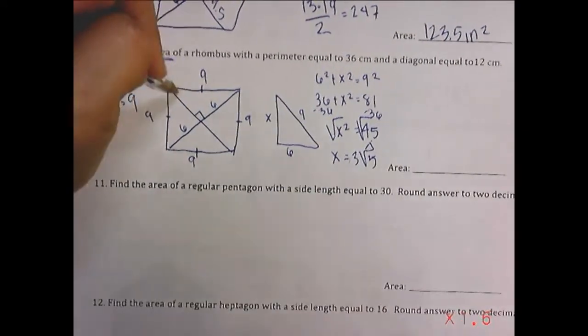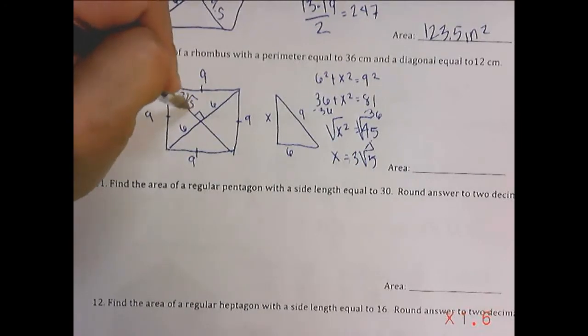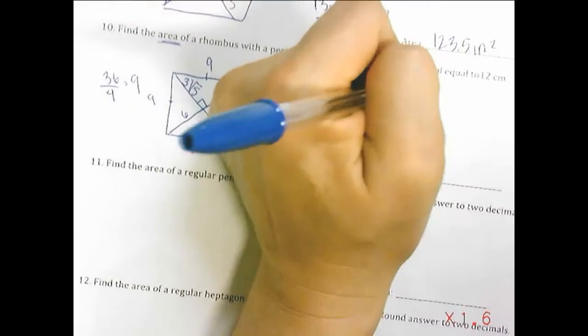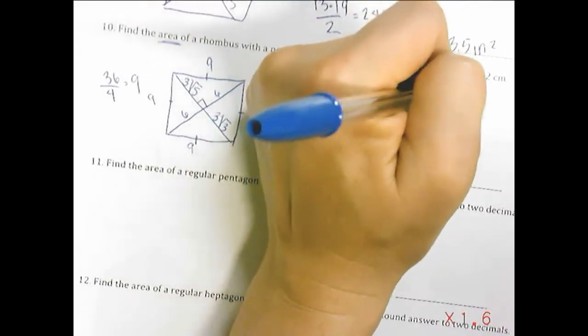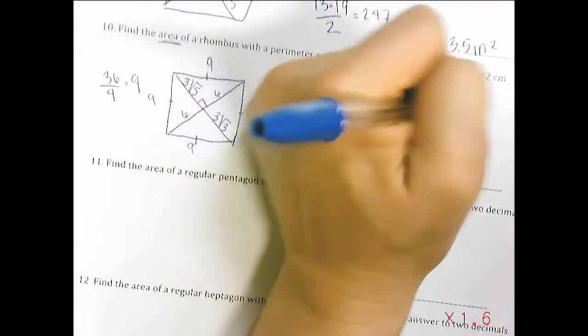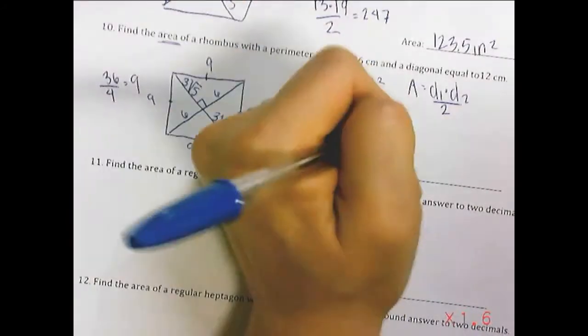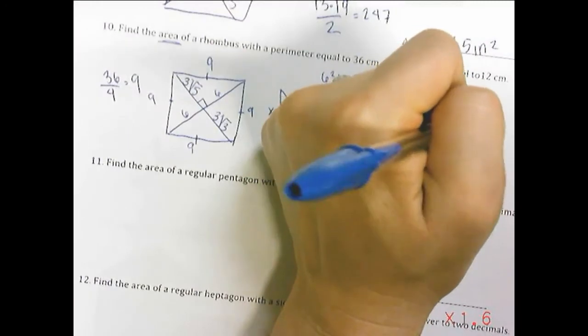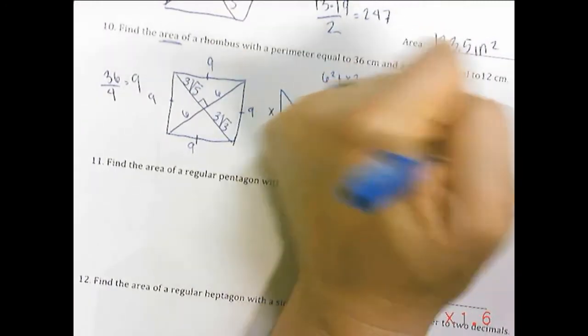So now I know this is 3 rad 5, and this is 3 rad 5. I'm going to find my area by using D1 times D2 divided by 2. So diagonal 1 was 12, diagonal 2 is 6 rad 5, and I'll divide those by 2.